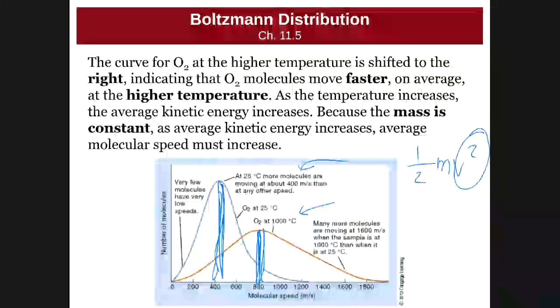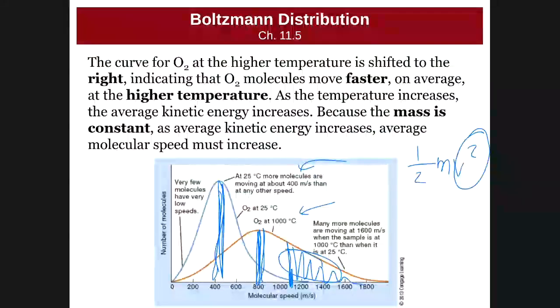So kinetic energy goes up, velocity must have gone up. So more molecules are moving at these higher speeds at a higher temperature. There were pretty much no molecules moving above 1200 meters per second at 25 degrees Celsius, and there's a whole bunch over here at 1000 degrees Celsius.